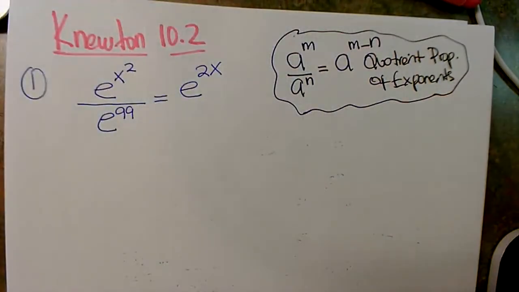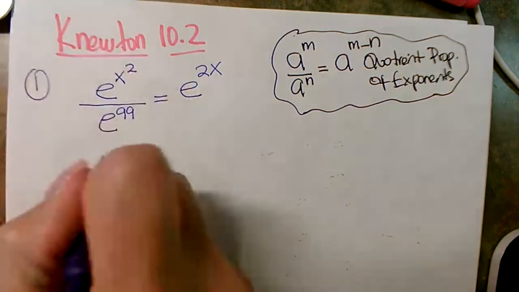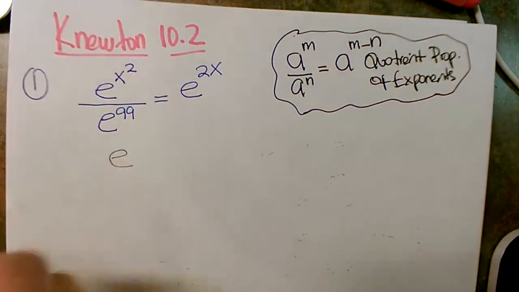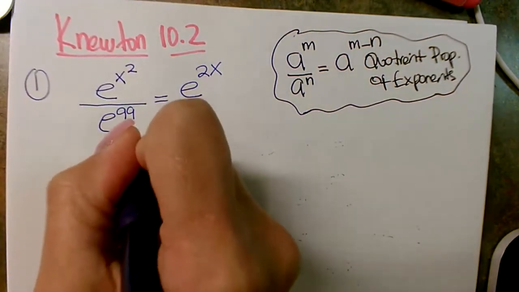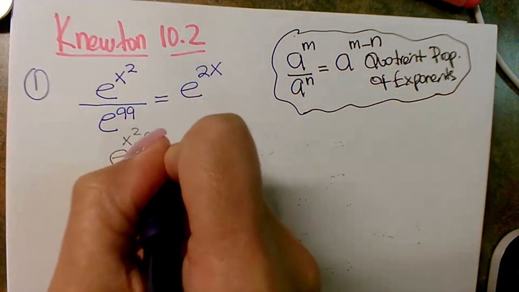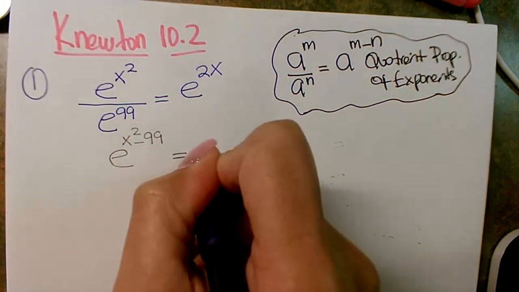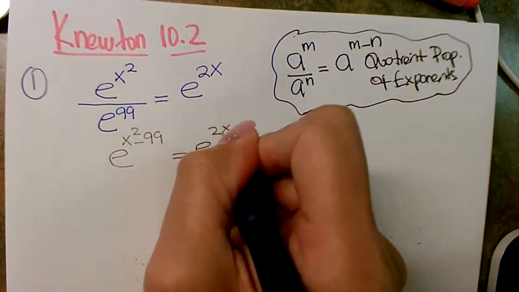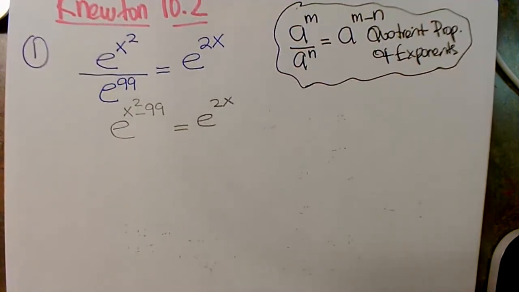Okay, so based on that, we're going to have just one e here, and we're going to do x to the second power minus 99 equals e to the 2x. Perfect, because now we have the same base.